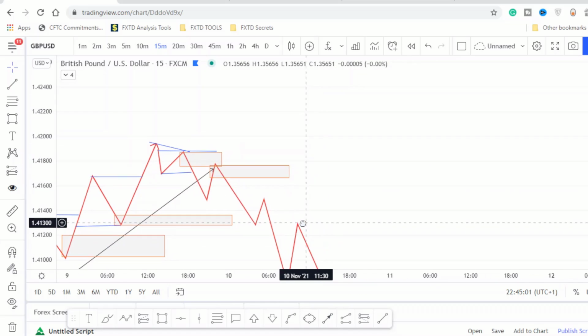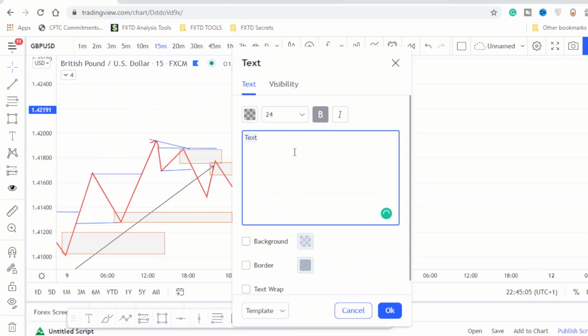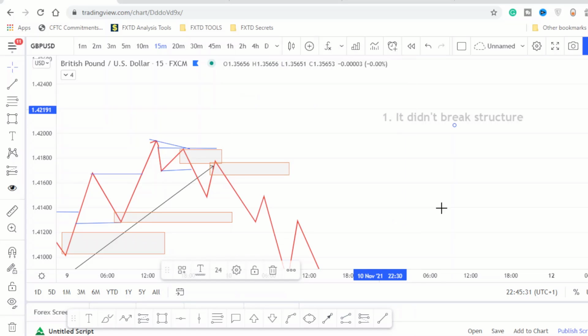First thing you need to put in mind, all right? How do I know if an order block is actually a fake order block? Number one, it did not break structure.